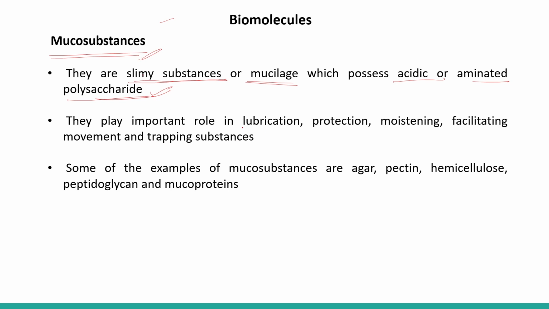They play an important role in lubrication, protection, moistening, facilitating movement and even trapping different substances. Some examples of mucosubstances are agar. If you remember, we obtain agar from red algae, for example Gelidium and Gracilaria. Others are pectin substances, hemicellulose and peptidoglycan.